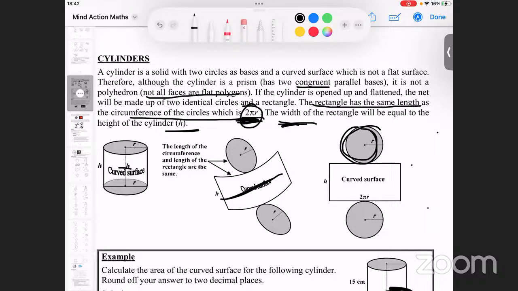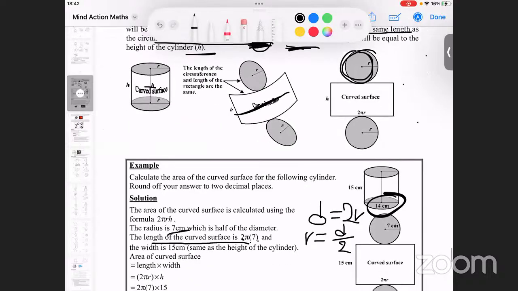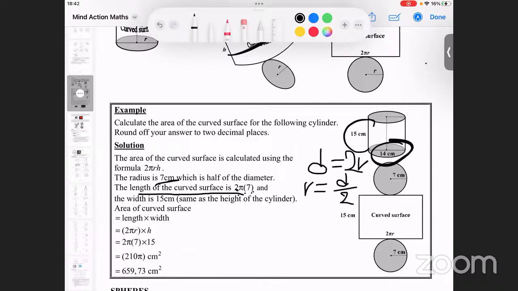So this is the length of the circle. So it's going to be 2 pi r, and then you're going to get, what is it? 2 pi into 7. How much is it?